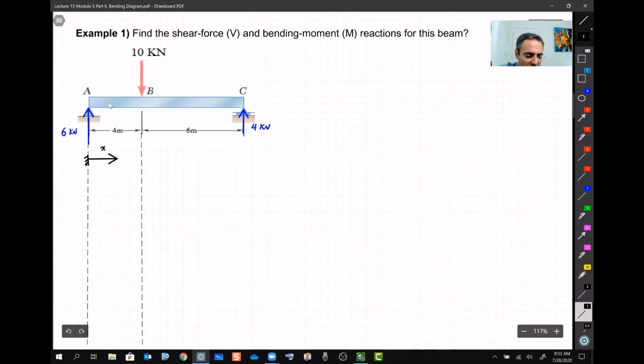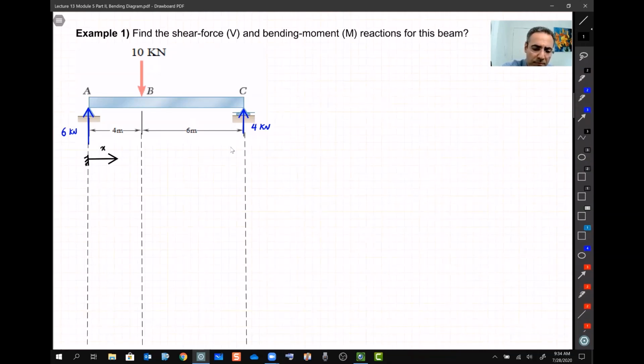But here I have a boundary because there is something changing. Then from B to C, nothing is going on, so I put my second boundary here. So I divided this beam into two regions. Let's call them 1 and 2, so later when we refer to them, we know which section we are talking about.